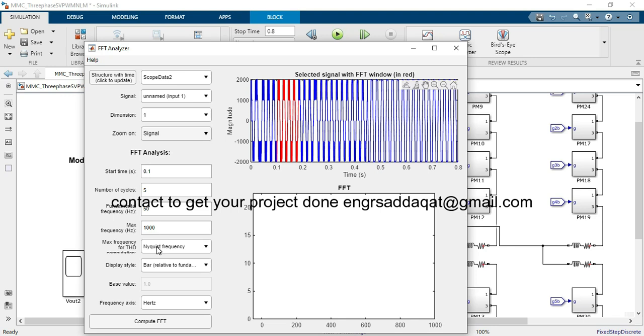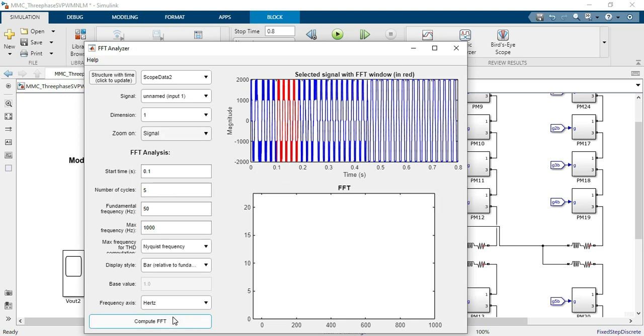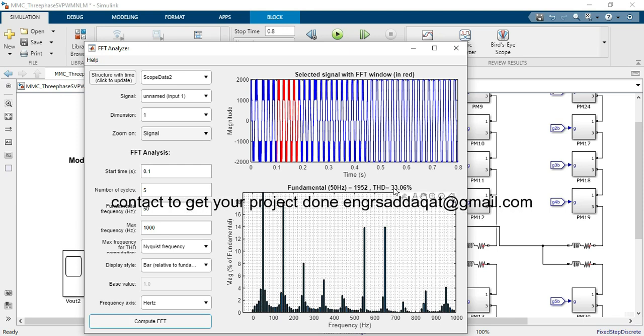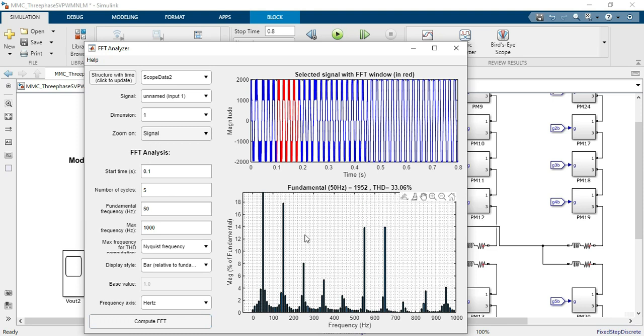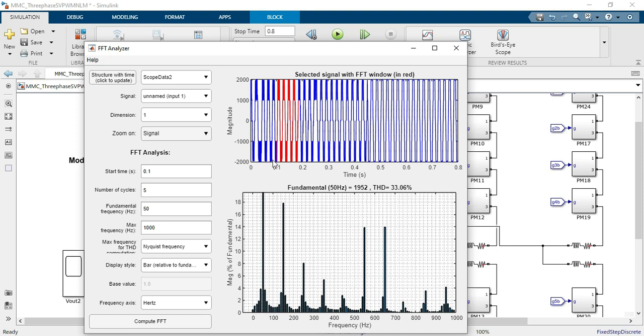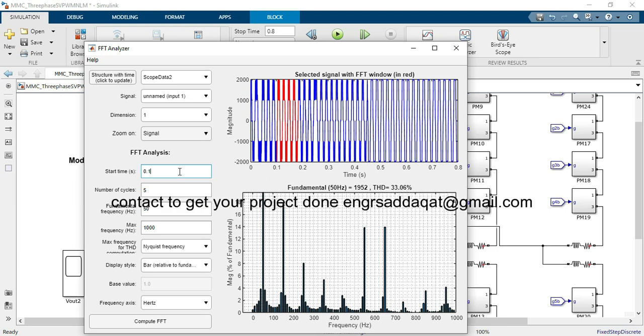This one is for the PWM. From 0.1 we are taking 5 cycles, computing at 50. You can see that the fundamental component, the highest one, is our actual frequency, which is 50 hertz. So with the PWM we are getting 33% THD in the output voltage.